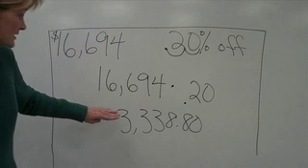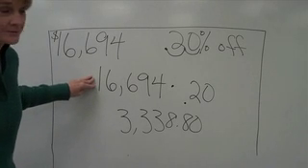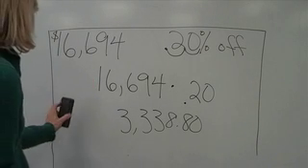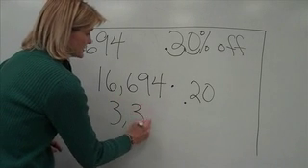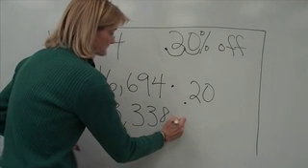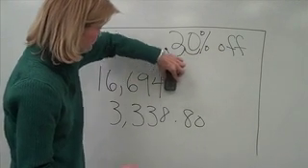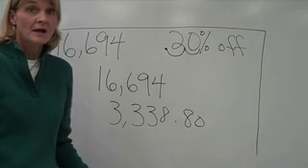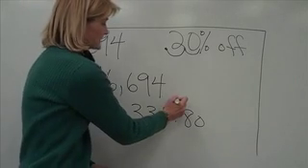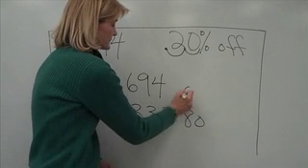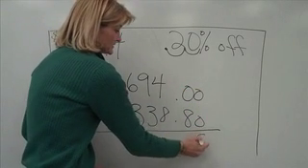So we're going to take this amount and subtract it from the original amount. So let's do that. $3,338.80. And we can erase this part. Make sure that you line up your decimal points before you start subtracting. So we'll put a decimal point here and 2 zeros here. 0 and 0 is 0.